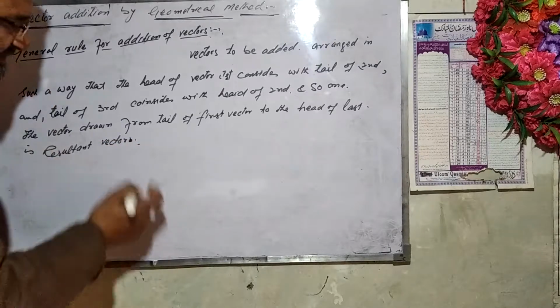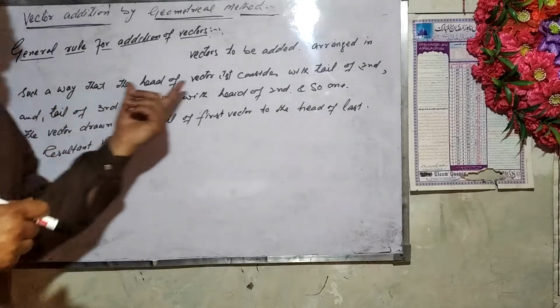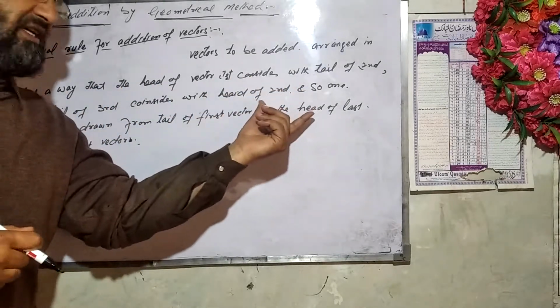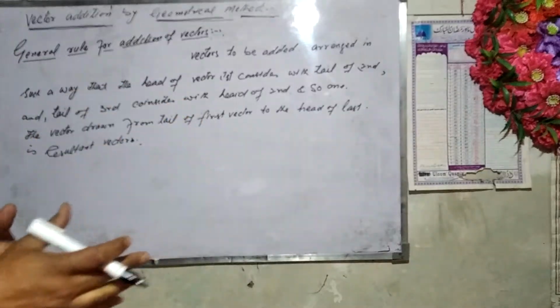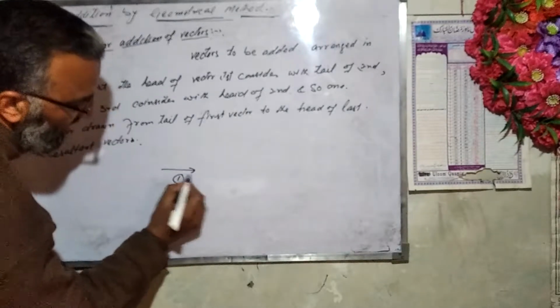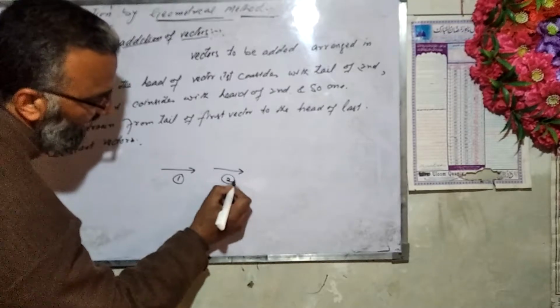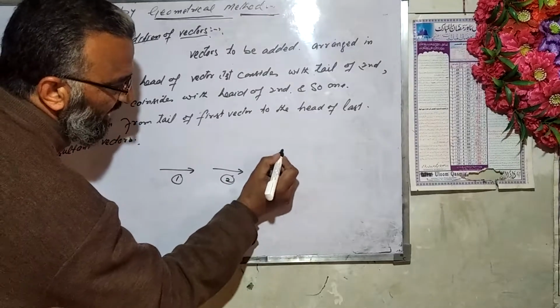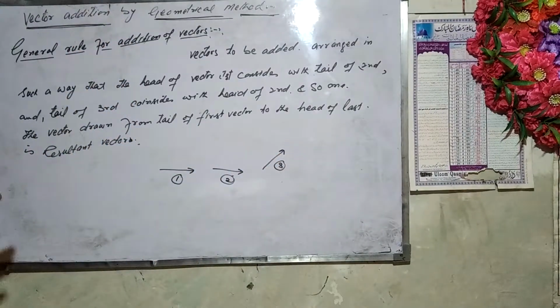For illustration, मैंने बताया अगर हमारे पास 1 2 3 वेक्टर्स हैं, इनको हम ऐड करना चाहते हैं, तो जनरल रूल ये है कि अगर हमारे पास वेक्टर 1 है, वेक्टर 2 है, वेक्टर 3 है, तो इनको ऐड करने के लिए हम क्या करते हैं?